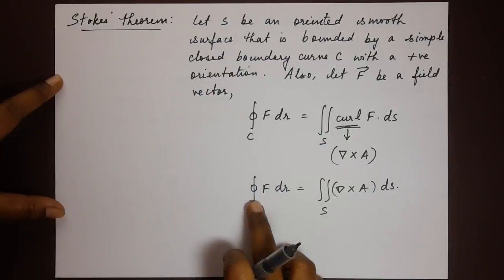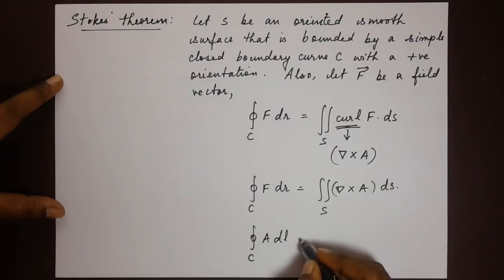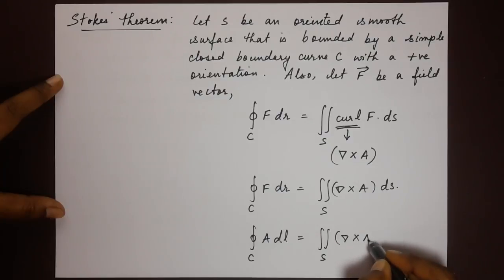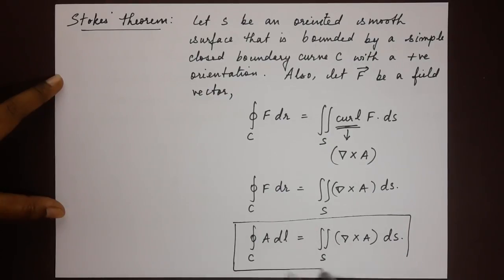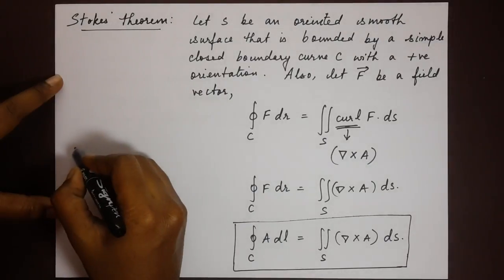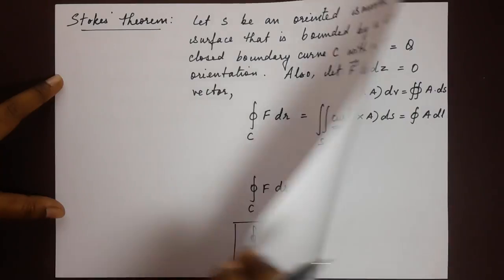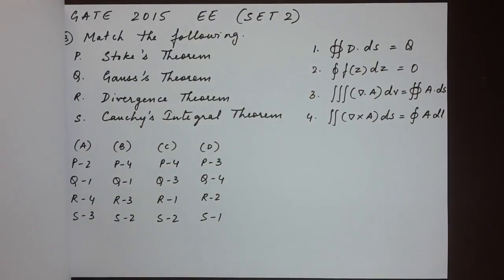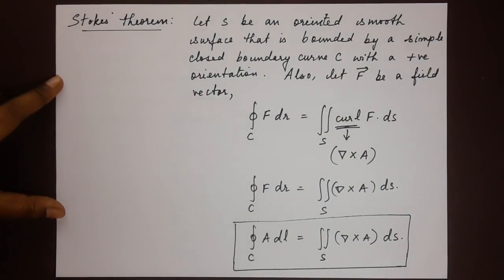So, here A is just F. So, if we equate that, it's A dl equals surface integral of delta cross A ds. So, this is our right option, which means that Stokes Theorem corresponds to number 4. So that covers our first theorem.